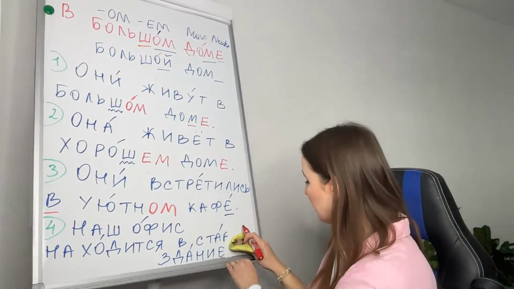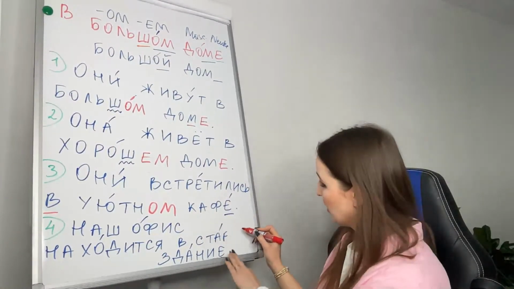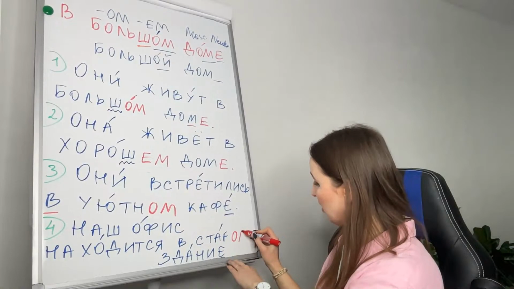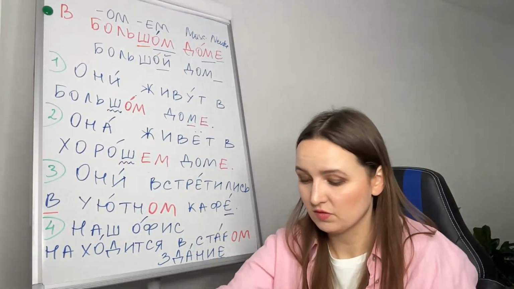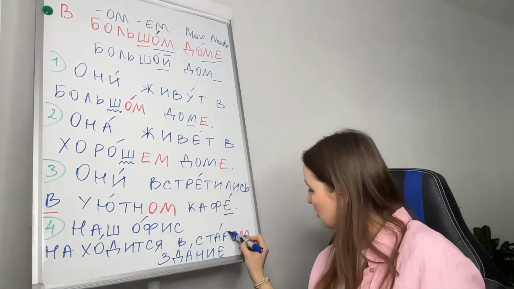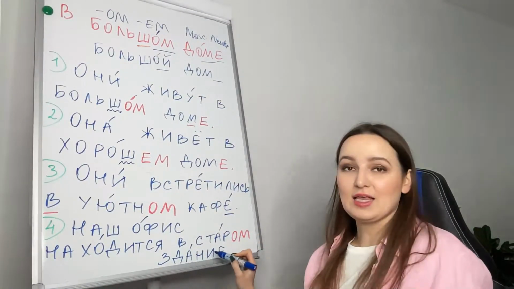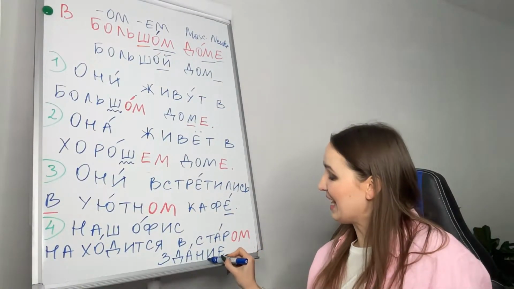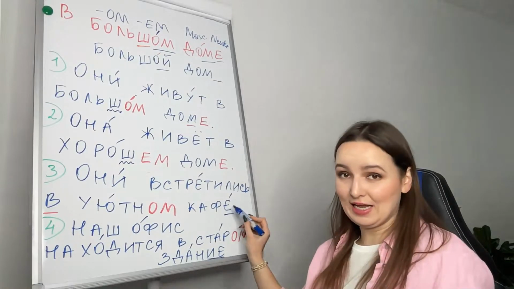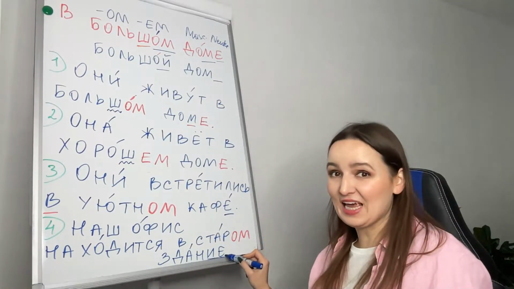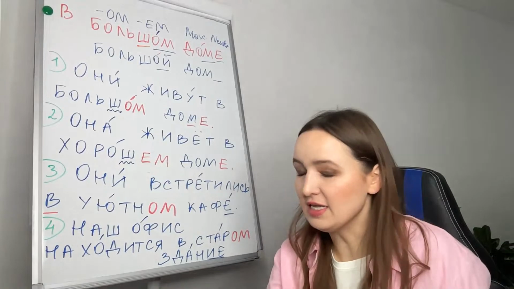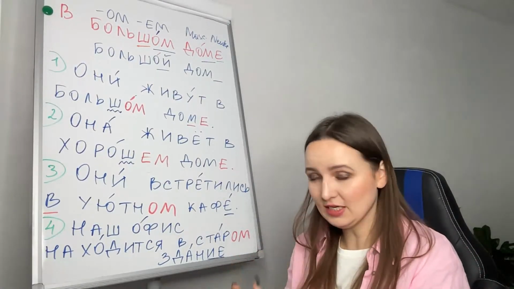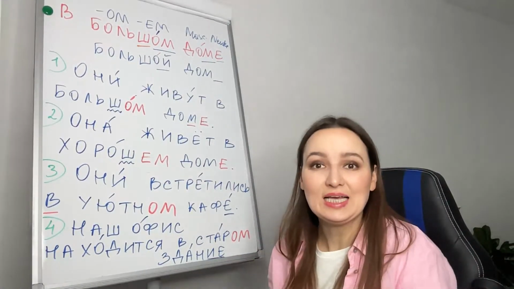В старом. Here the ending is ie. Here we had just ye ending. Here we have ie. When we have ie ending, we have to replace it with ii.